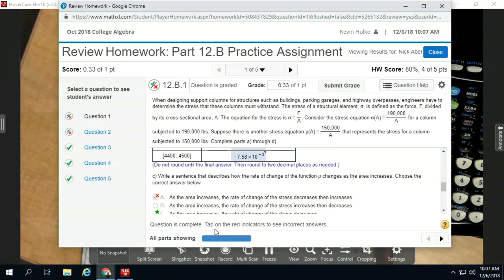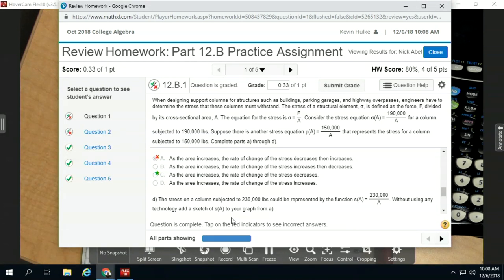Because the one below it says as the area increases, the rate of change is decreasing. So it's changing by 0.007 between the bottom one and like 0.2 or whatever on the top.